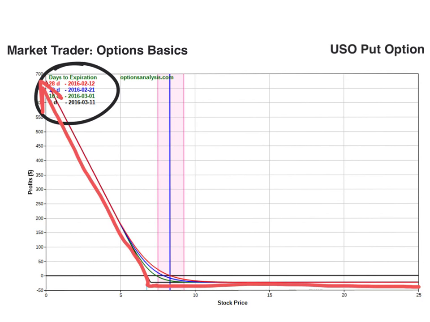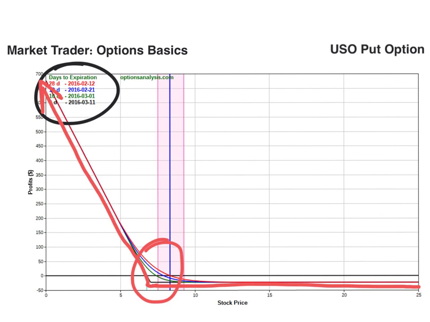So again, like the call option, what is our strike price for this put option? Well, we look to see where the put option changes or inflects from the horizontal line to an increasing slope line, and we see that somewhere around $7 to $8 would be the actual strike price.